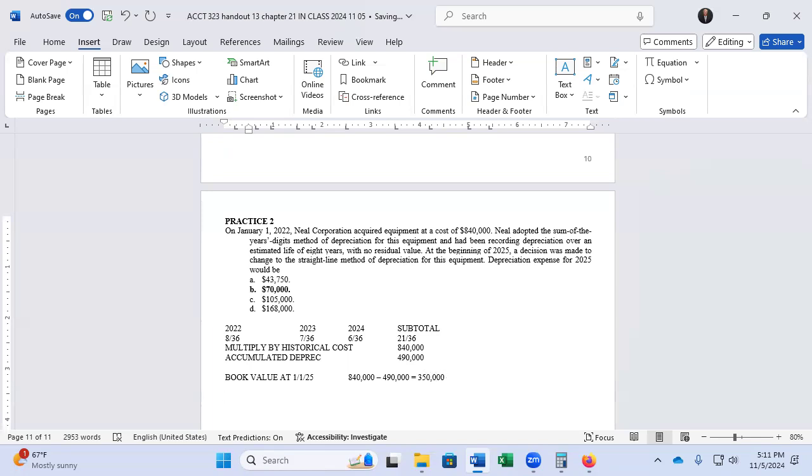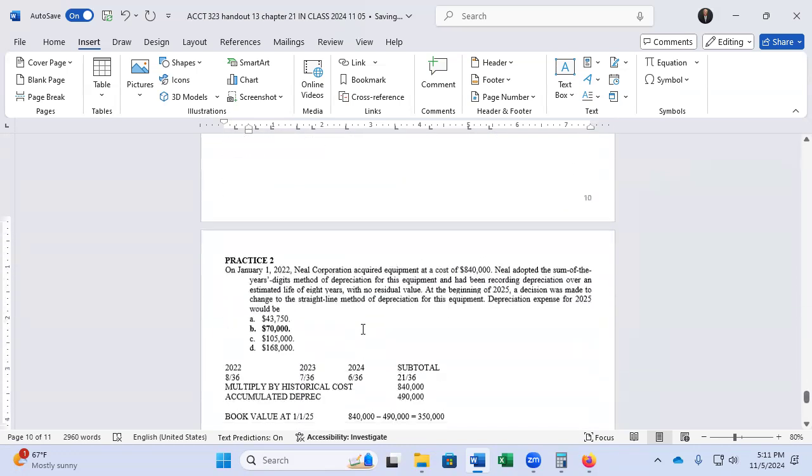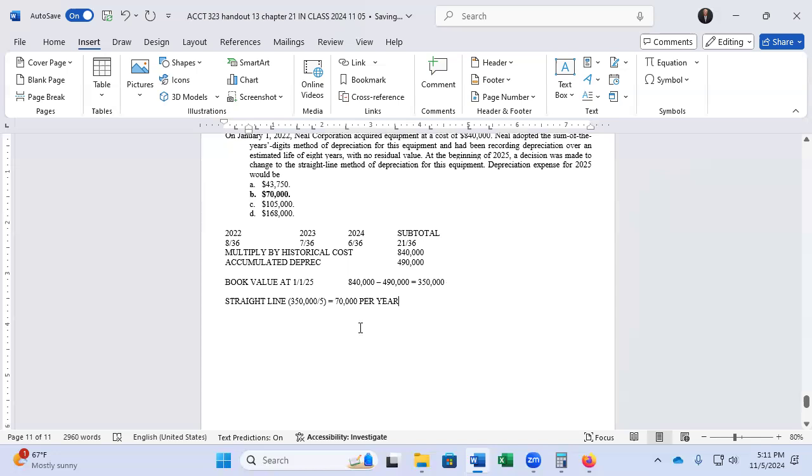So now we have our new depreciation, so straight line: 350,000 divided by 5 because there's no salvage value, and that equals 70,000 per year. Any questions?